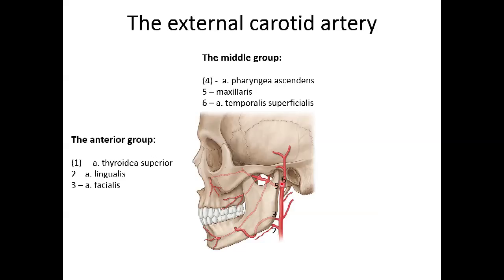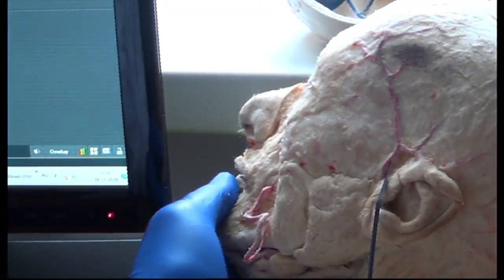Then number 6, arteria temporalis superficialis, is prolongation of arteria carotis externa on the temporal bone. So here it is arteria temporalis superficialis. And now I'd like to demonstrate these vessels in our specimen. First of all, here it's arteria temporalis superficialis.